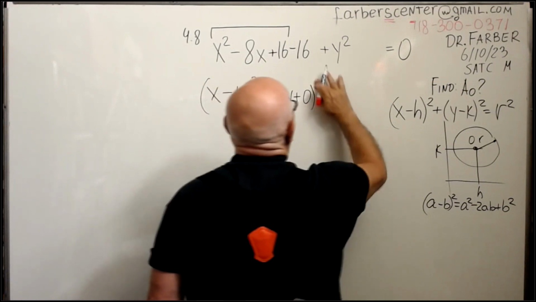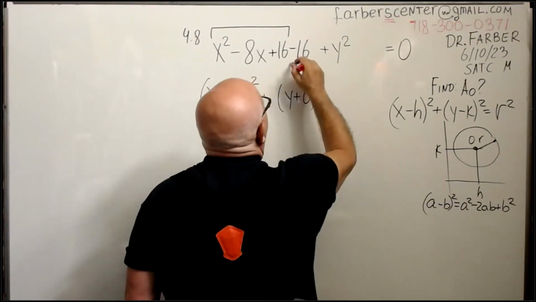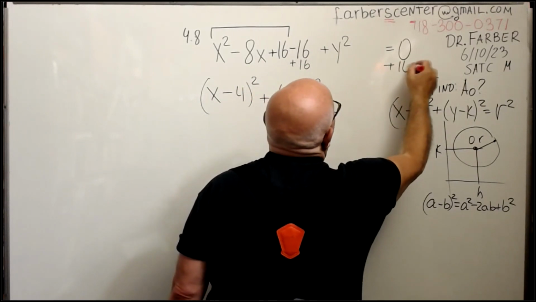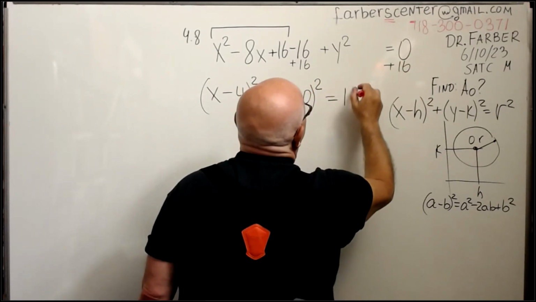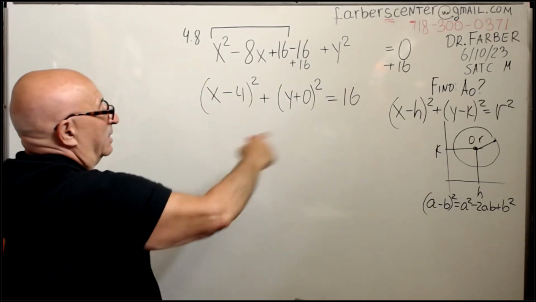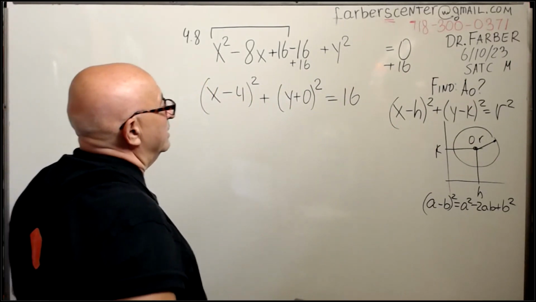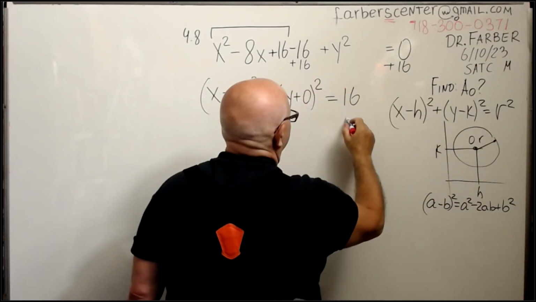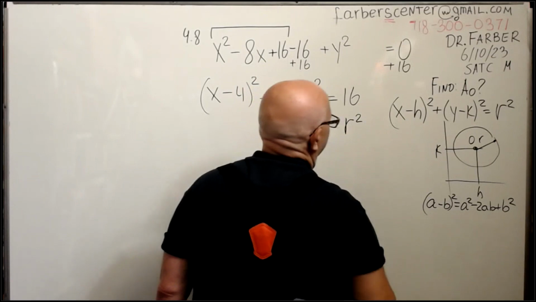So, and plus 16 and plus 16 equals to 16. If you compare to the general equation of circle, you can see the right part actually is my radius to the second.